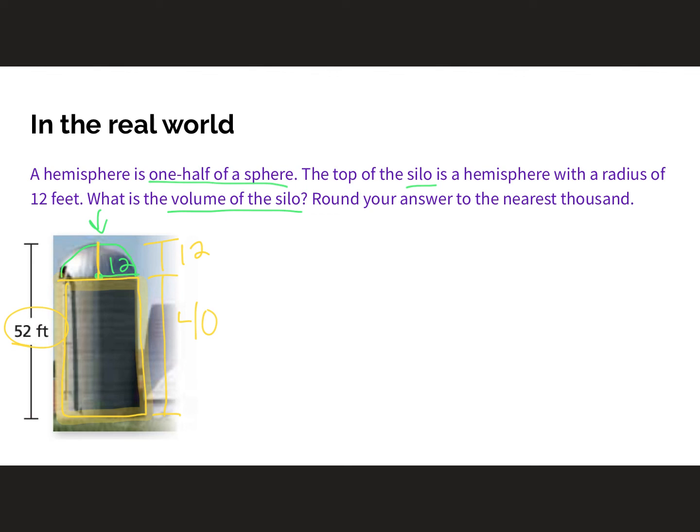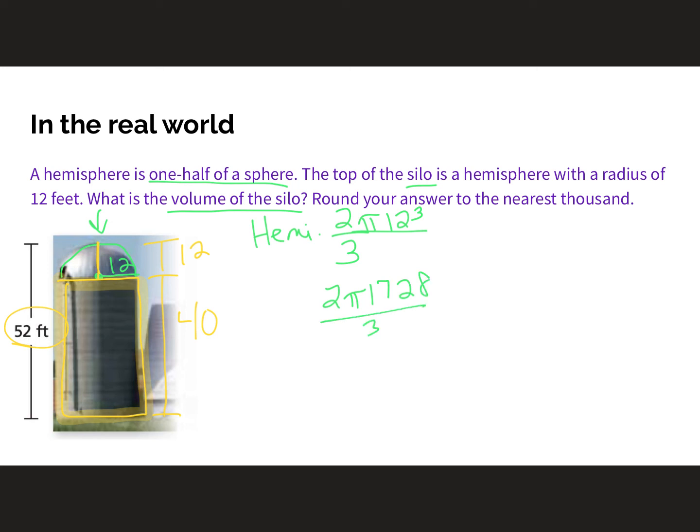Okay, so let's do our hemisphere first. So our hemisphere is 2/3 pi times my radius, which is 12 cubed. So 12 cubed gives me, so I have 2 times pi times 1,728 divided by 3.